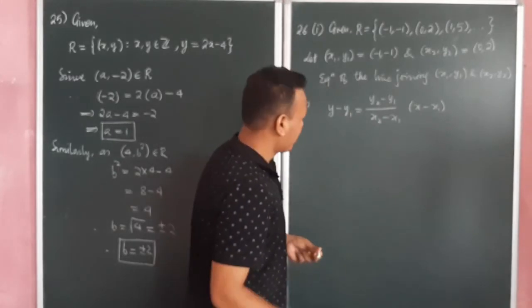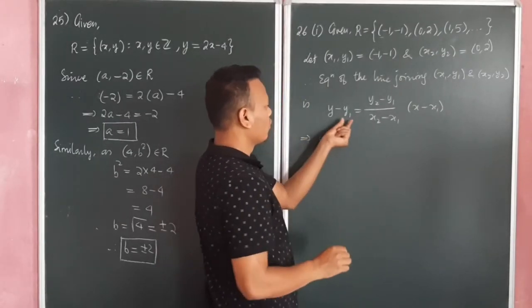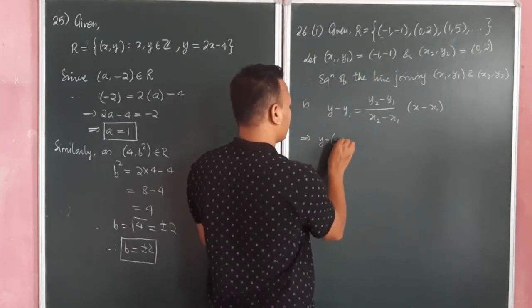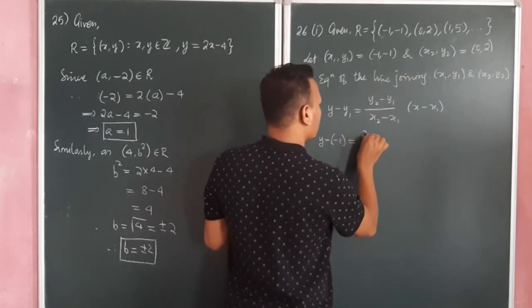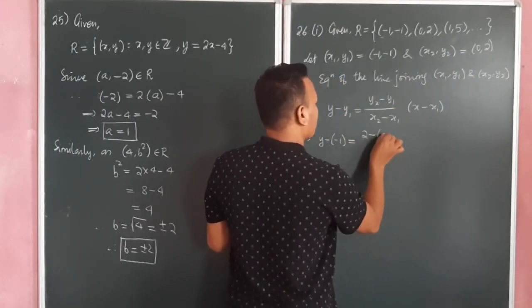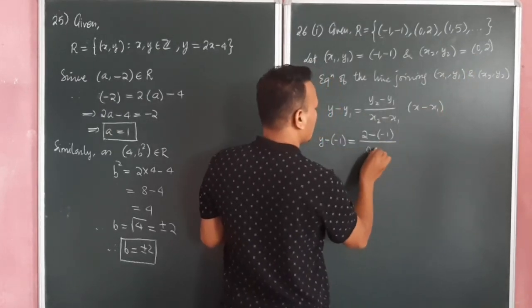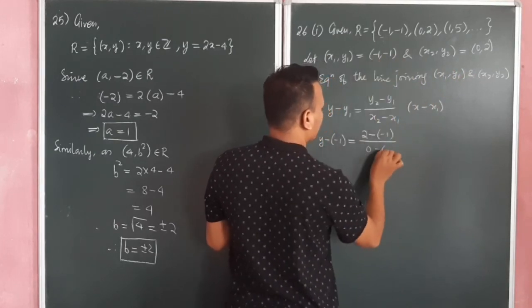Okay, so let's put the values now. So we have y minus y1. Now what is y1? y1 is minus 1, isn't it? So we have y minus of minus 1 equals y2, y2 is 2, so 2 minus of y1, y1 is minus 1, whole divided by x2, x2 is 0, minus x1, x1 is minus 1.